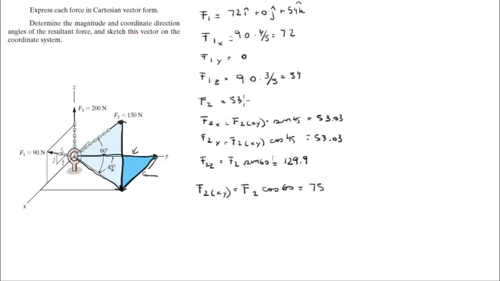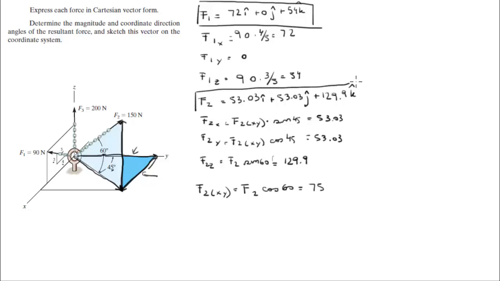So this vector is 53.03i plus 53.03j plus 129.9k. Now that's one vector.